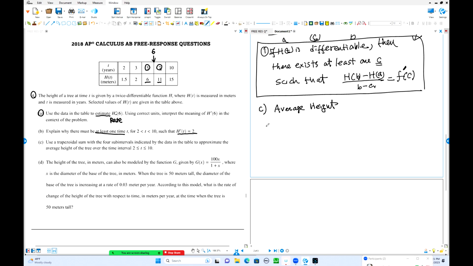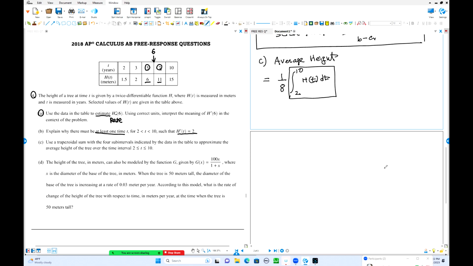The definition is the integral from 2 to 10 of h(t) dt, and after that you divide by the bottom, 10 minus 2, so 1 over 8. That's the average height. But we cannot find the exact number because the equation is not given. h(t) is only given by the table. That's why we have to use an approximate Riemann sum, but this time the trapezoidal.